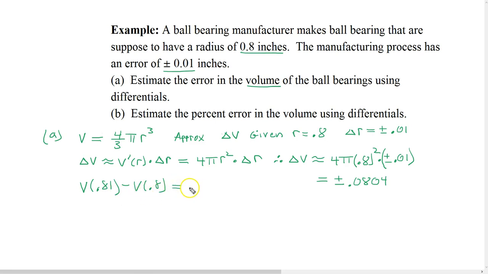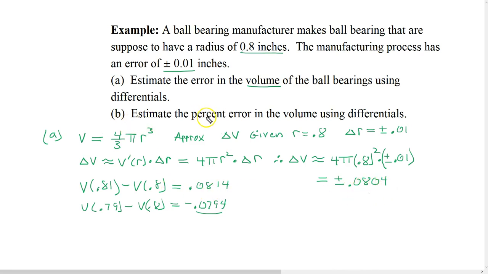You will get 0.0814, which is very close to this number right here. And if you evaluated V of 0.79 minus V of 0.8, you would get negative 0.0794, and this is also very close to negative 0.0804.